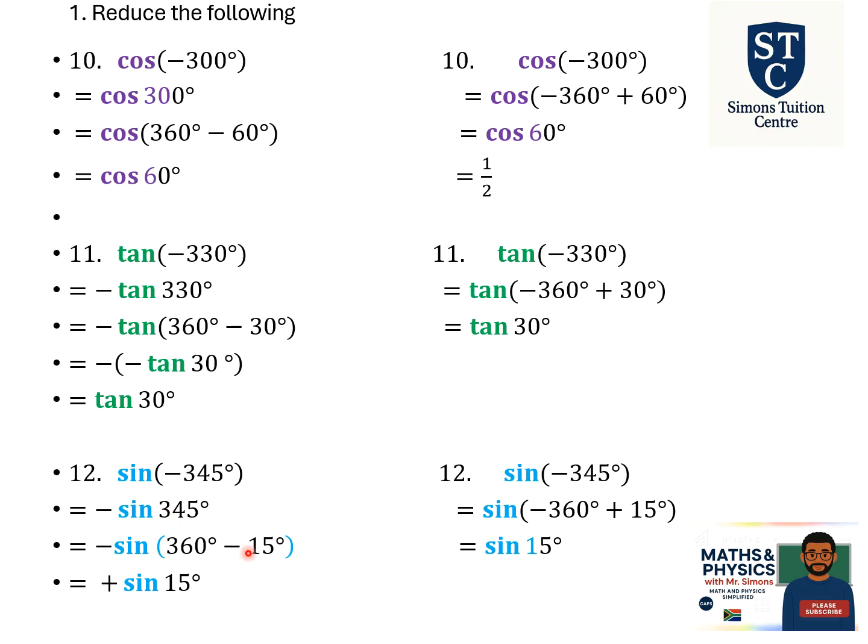That's the fourth quadrant where sine is negative, so negative times the negative we have will give me positive sine 15 degrees. Or I can take minus 345 as minus 360 plus 15. That there is the first quadrant. In the first quadrant sine is positive, so it becomes sine 15. So you can choose either one. I don't know which one you're comfortable with doing.